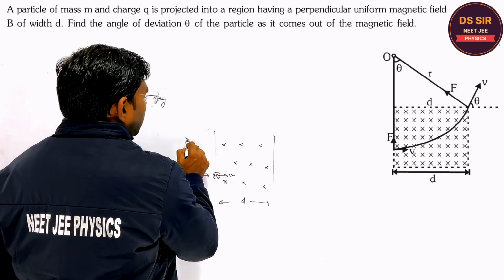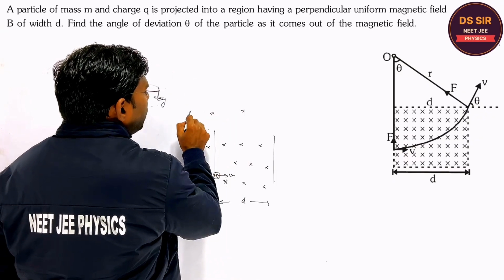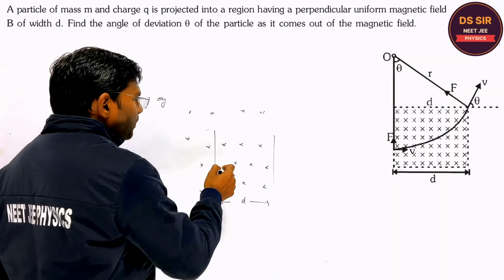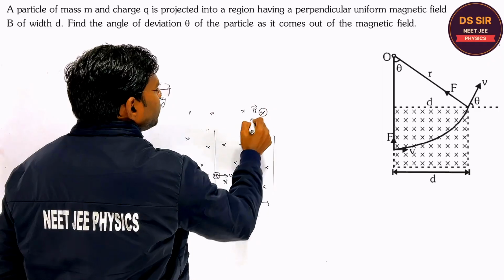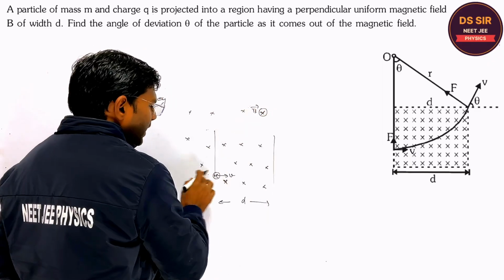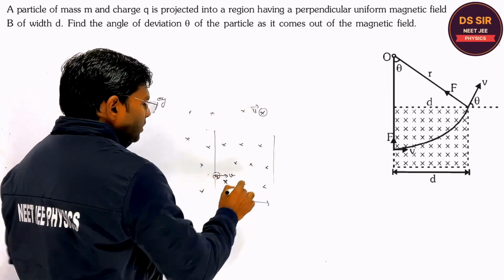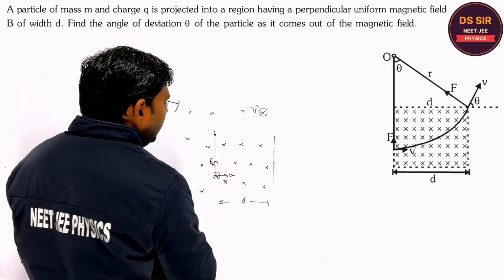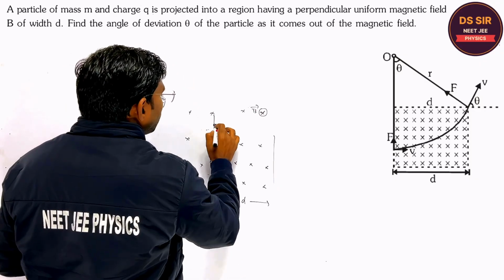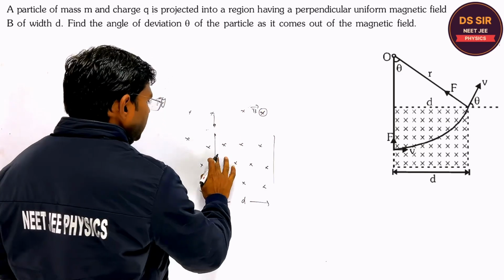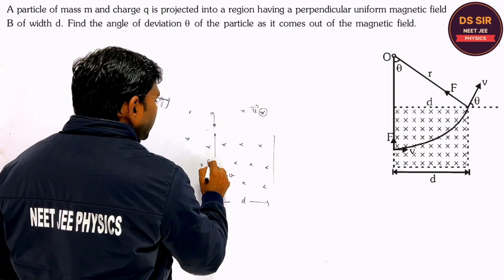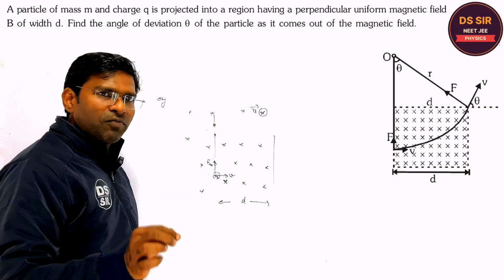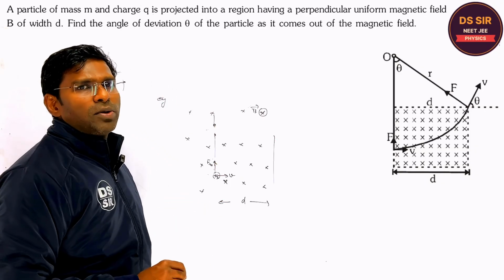If the magnetic field is present everywhere, are you getting or not? In a perpendicular magnetic field, if the charged particle q enters with the speed v, the magnetic force will act in this direction. It will be the position of the center of the circle, because in a perpendicular magnetic field a charged particle always performs UCM, uniform circular motion.